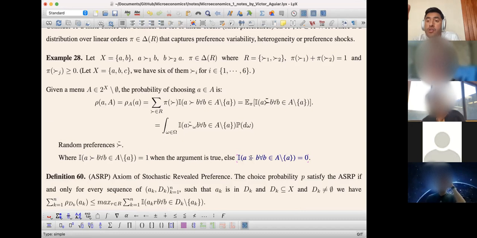So sometimes you can measure an event with this indicator function that is going to tell you that it is 1 if the event happens, and it is 0 if the event doesn't. So that means that I have this little indicator function, and then I can take expectations over this indicator function. And if I do that, I'm going to end up with the probability of that event. Okay. Yeah.